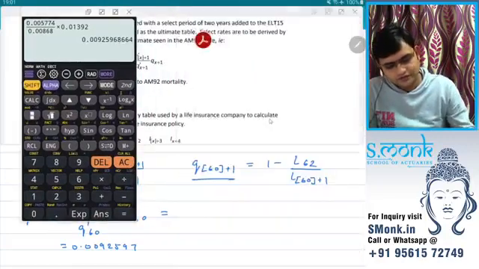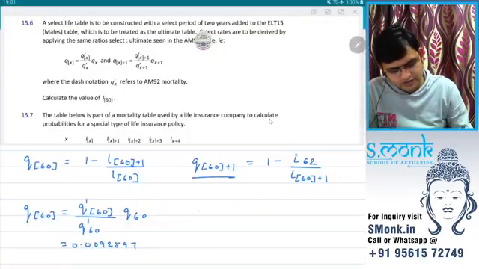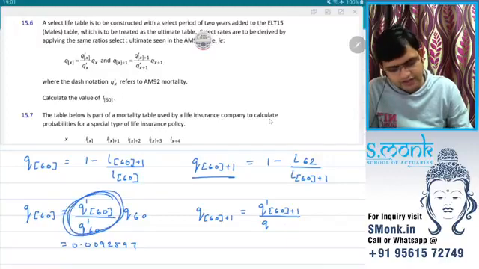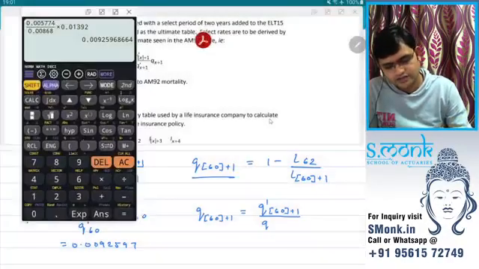Same thing now we have to do for the next one. Next one is Q select 60 plus 1 will be equal to Q dash select 60 plus 1 upon, okay, I did not take the correct ratio here. I should have taken Q select 60 divided by Q60 ultimate value. I did not do it correctly.